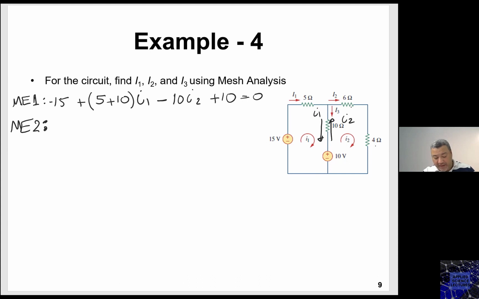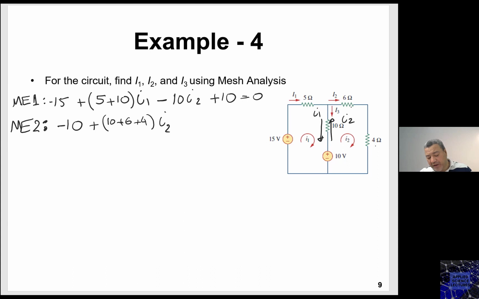Again, I have minus 10 because it's entering, and then I put plus, and then I add all the resistors of the mesh that I'm writing the equation for. So I have 10 plus 6 plus 4, I2, and then going in the opposite.